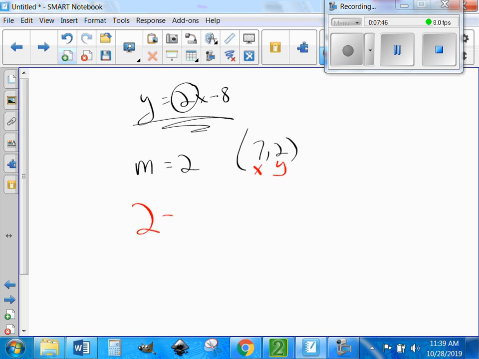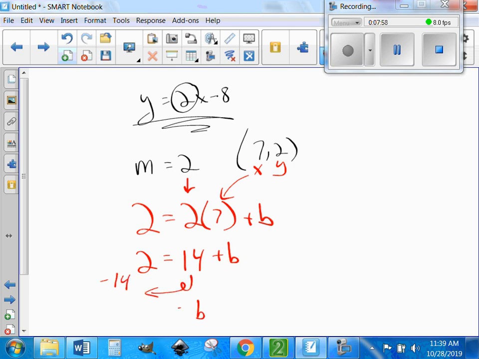So we can say y equals mx plus b. So 2 equals 14 plus b. Move the 14 over. So b equals negative 12. So here the equation is y equals 2x minus 12.